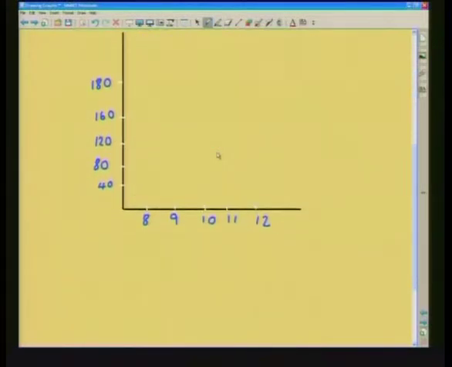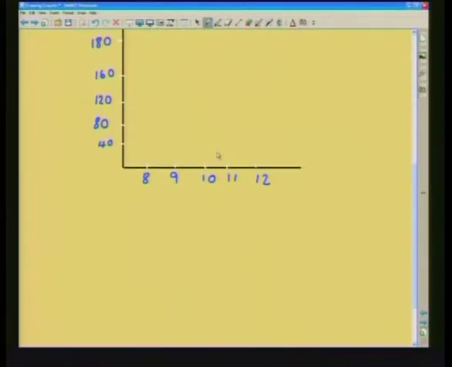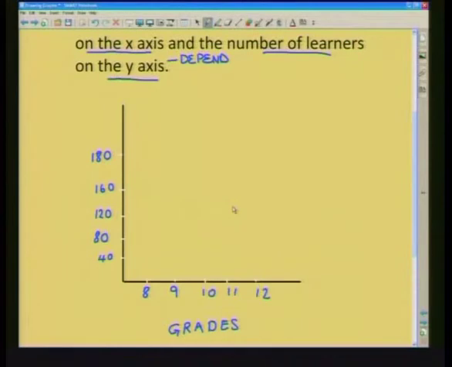All right, the first thing you should do is to always label your axes. So in this case, they made life easy for you and they told you plot the grades on the x-axis. So we label the x-axis as grades. And the number of learners is on your y-axis. So we call the y-axis the number of learners.